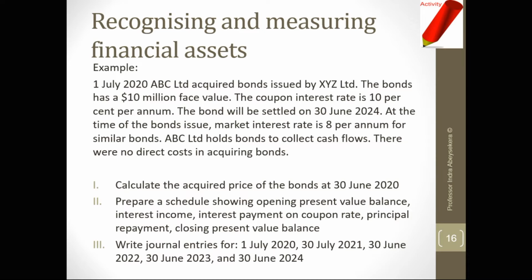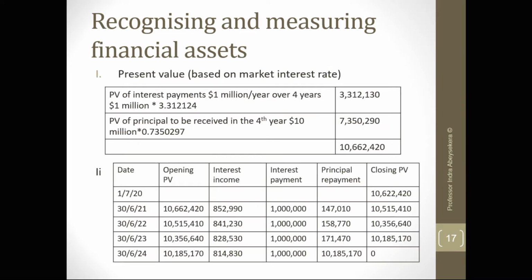And first, we need to calculate the acquired price of the bond and prepare a schedule showing opening present value balance, interest income, interest payments, coupon rate, principal repayment, closing present value balance, and then write journal entries for the different periods. So there are periodic interest receipts over 4 years of 1 million. We need to discount those forward cash flows based on the market interest rates because it's based on market reality.